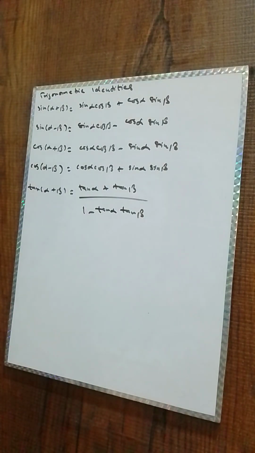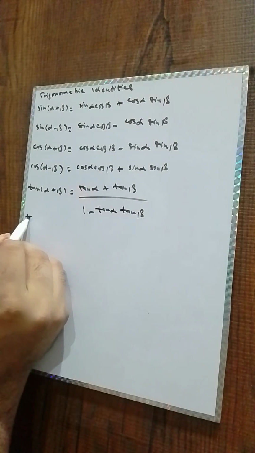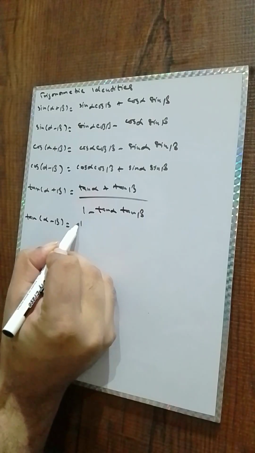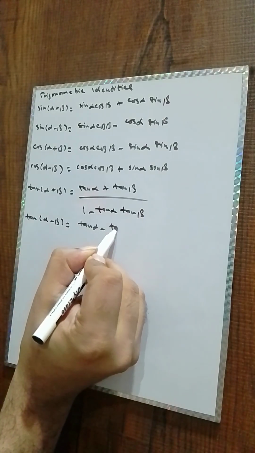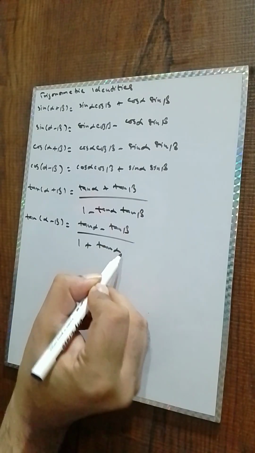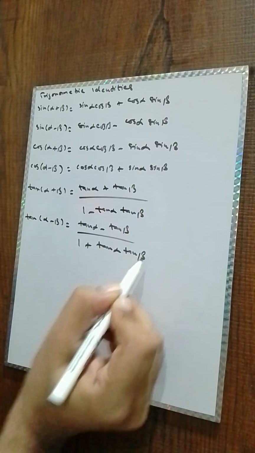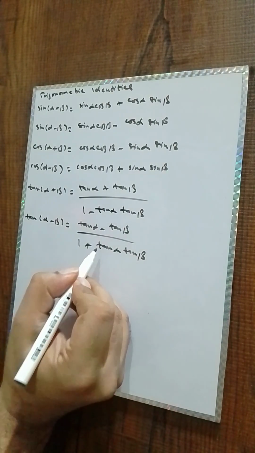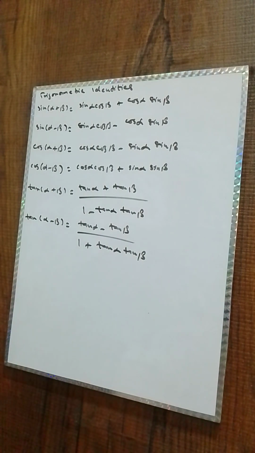Tangent alpha is the slope in the Cartesian plane for lines, but we will look at that later. Tangent alpha minus beta is tangent alpha minus tangent beta by 1 plus tangent alpha tangent beta. Okay, so this is not difficult to visualize.